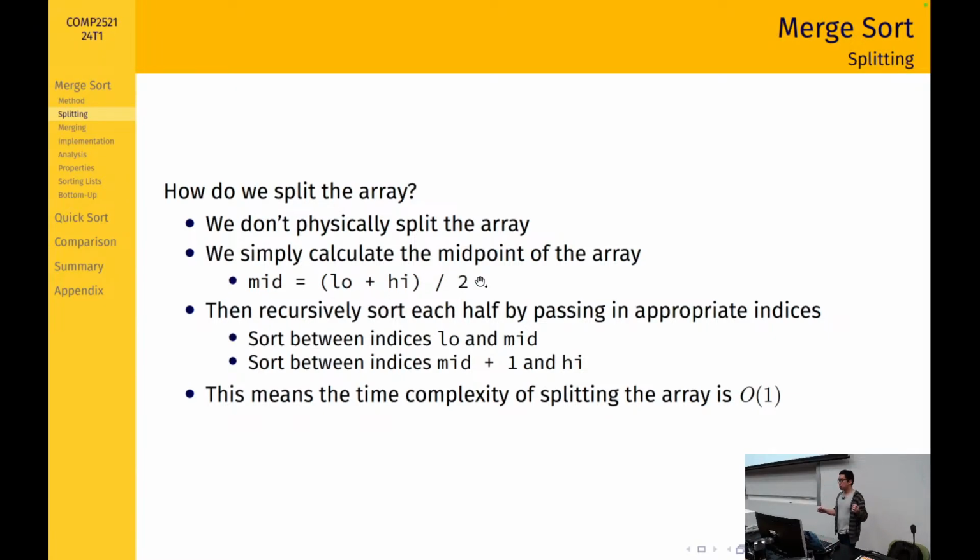And then to recursively merge sort the left half of the array, we call the sort function and pass it index low and index mid. This corresponds to the first half of the array.